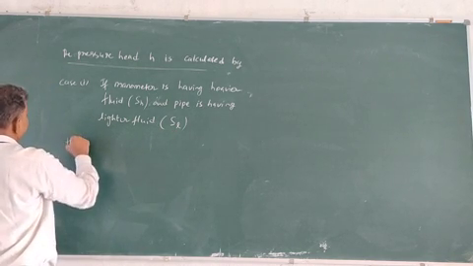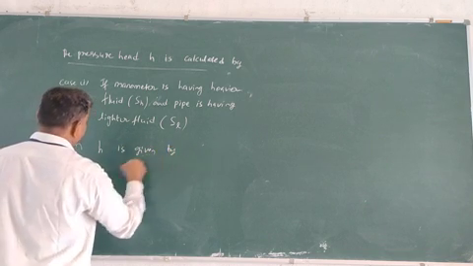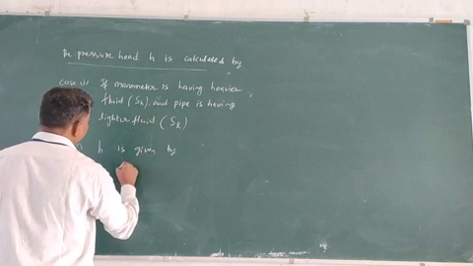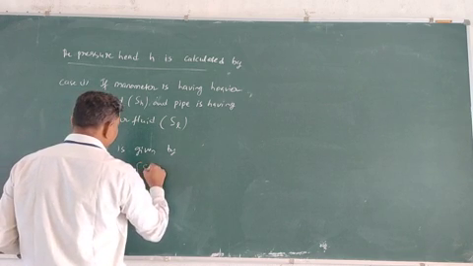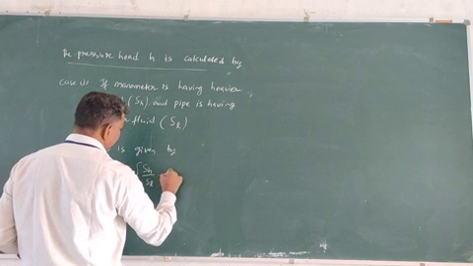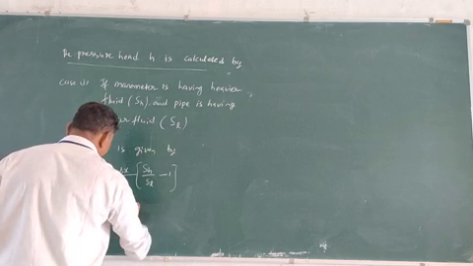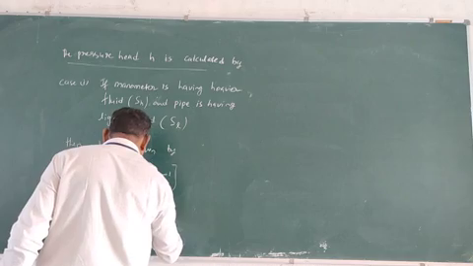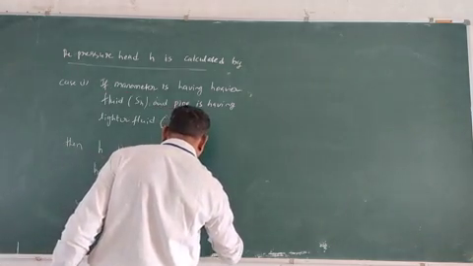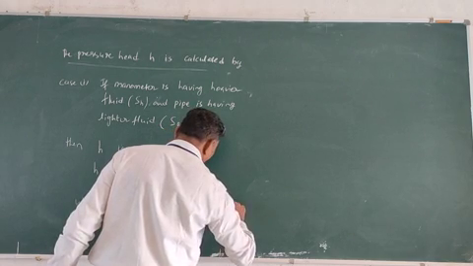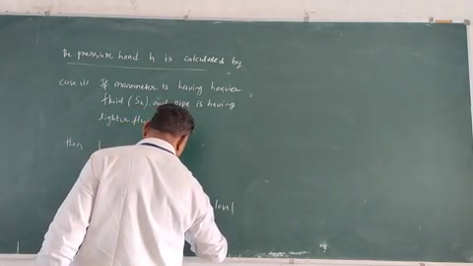Then H is given by H is equal to delta X into SH by SL minus 1, where delta X is the difference in liquid level in the manometer.